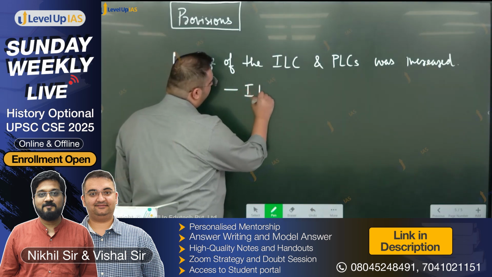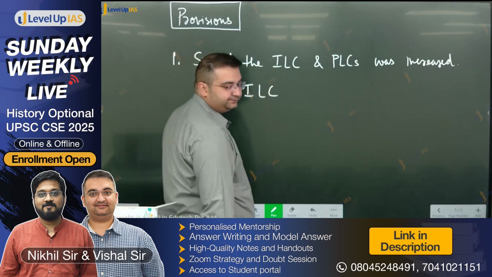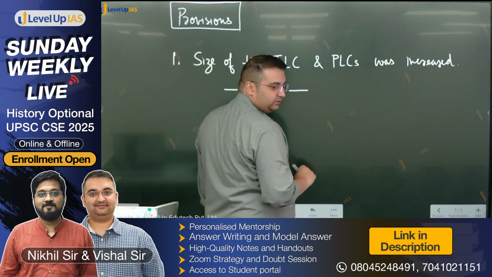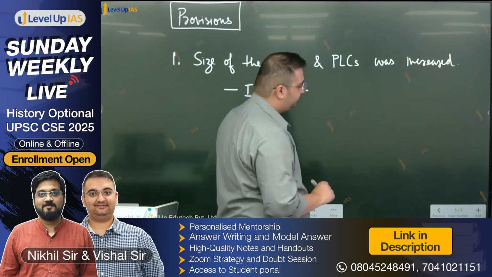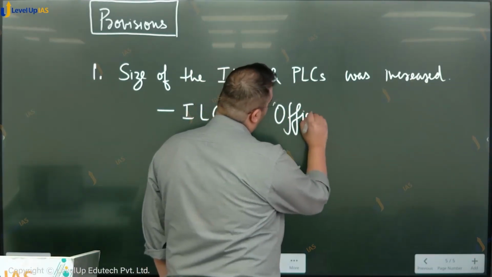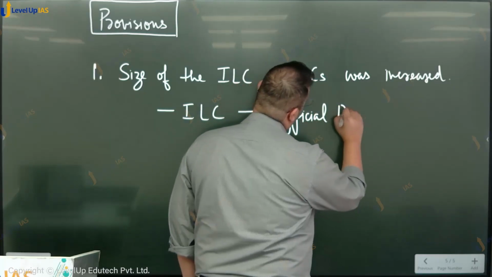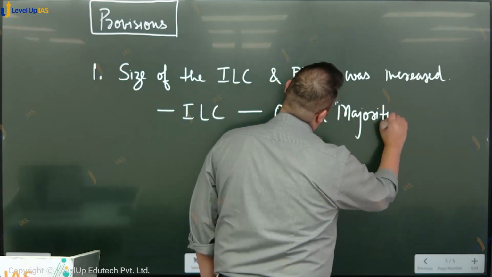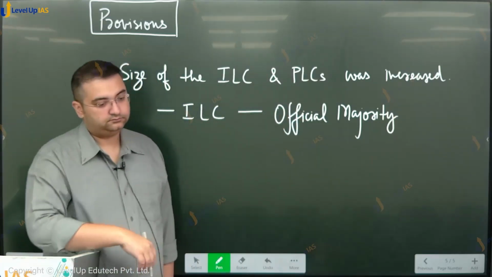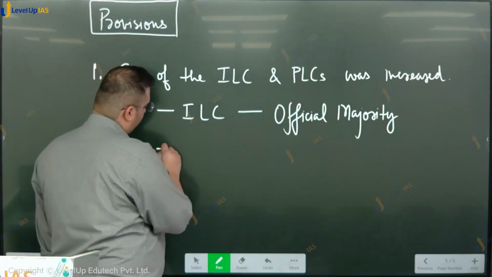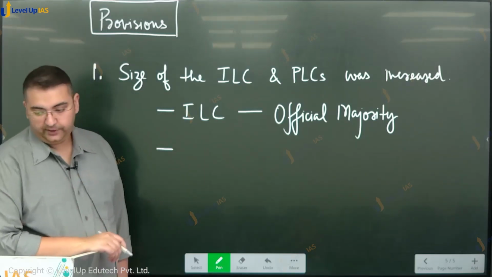The Imperial Legislative Council was to retain an official majority. Next subpoint.